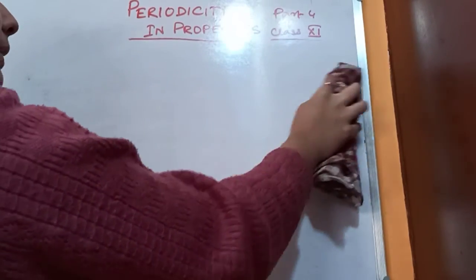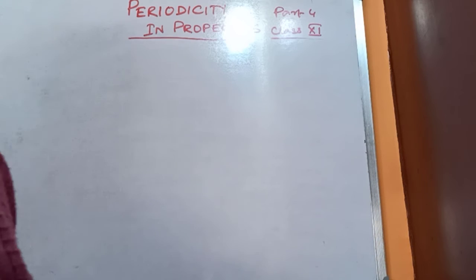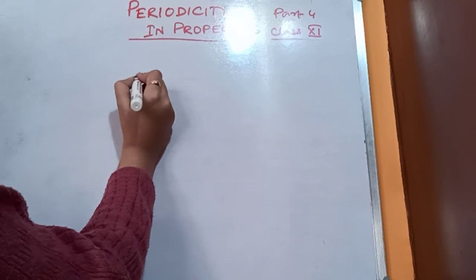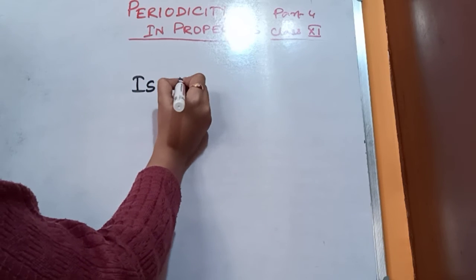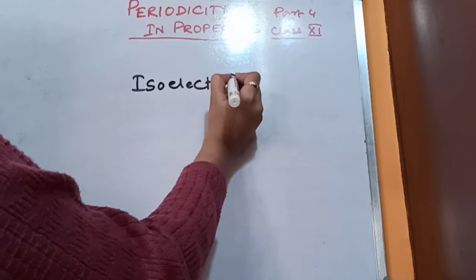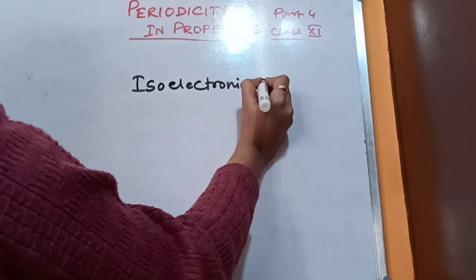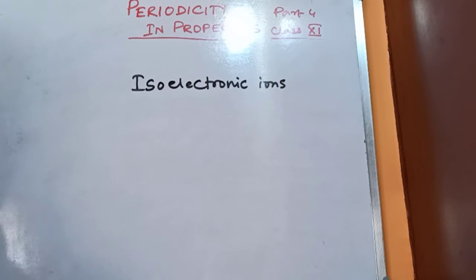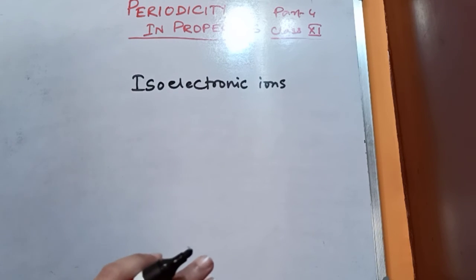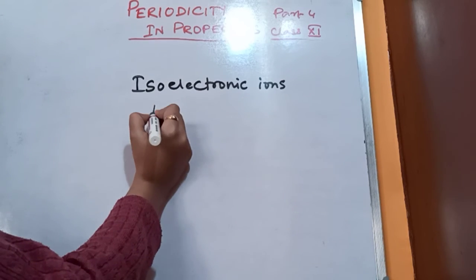Now what do you mean by isoelectronic ions? Isoelectronic ions are those ions which have the same number of electrons. Those are known as isoelectronic.